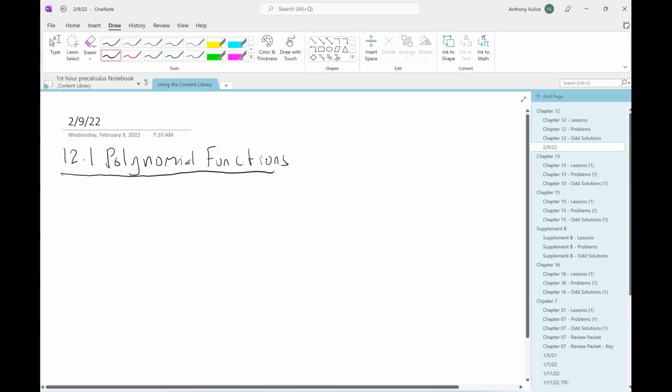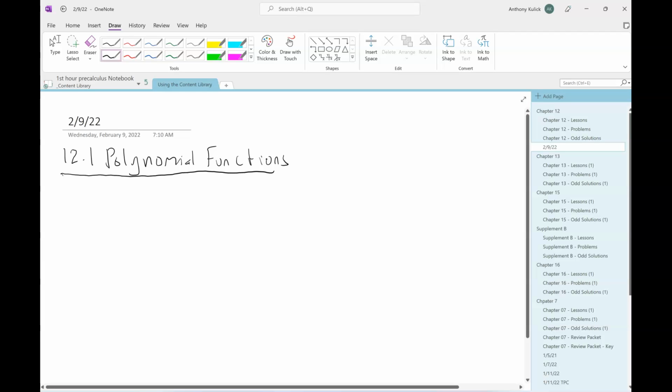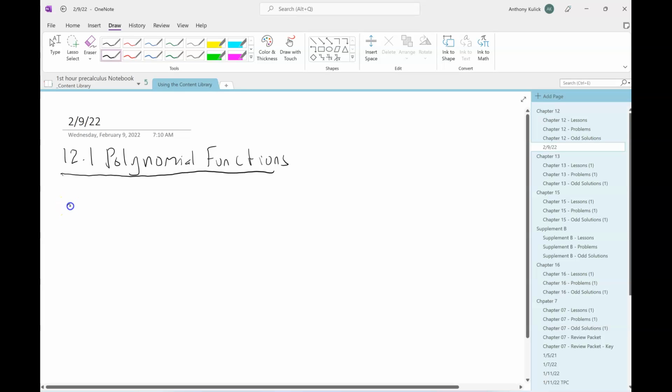So here in chapter 12, we're going to be talking about modeling functions, and specifically polynomial type functions. So let's start with just a little definition. Let's recall what a polynomial function is.